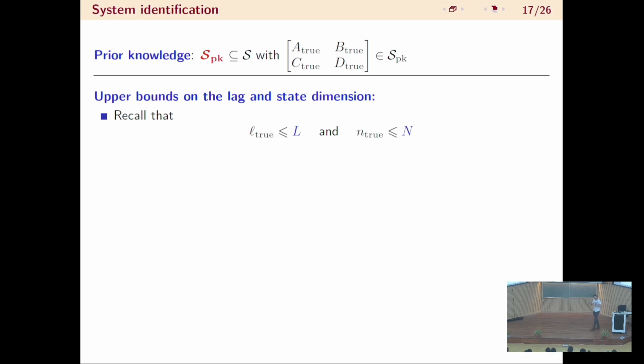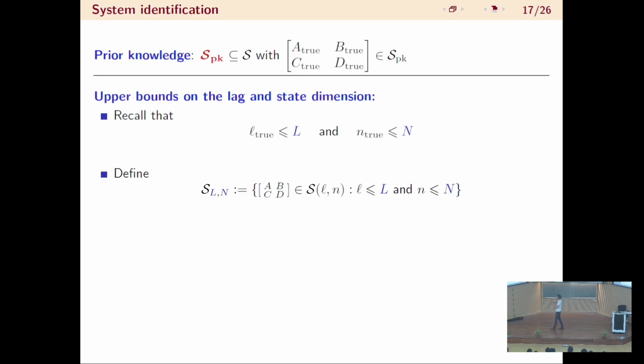Well, what is this set SPK in our setting? Well, I remind you of the fact that we assumed upper bounds on the state space dimension and the lag of the true system. So we have these numbers, capital N and capital L. So that must be part of the prior knowledge.